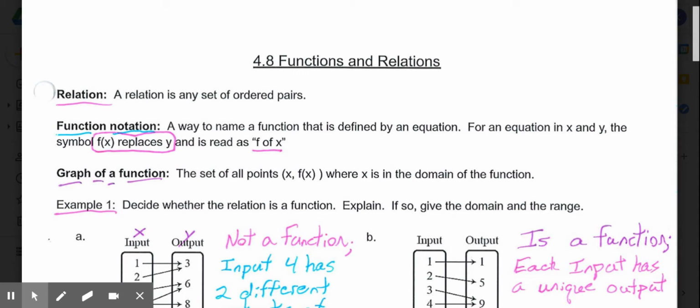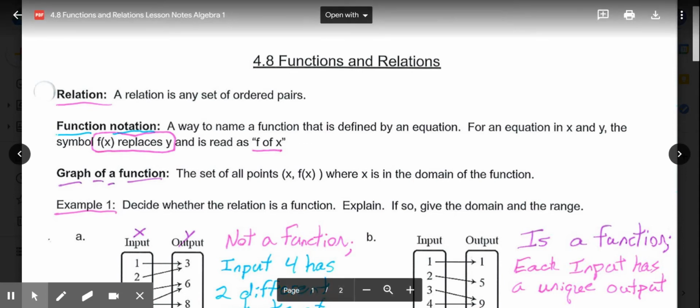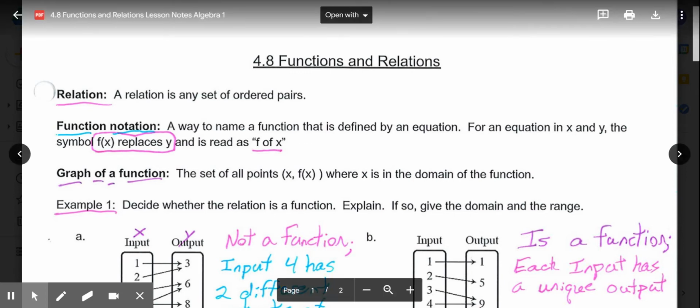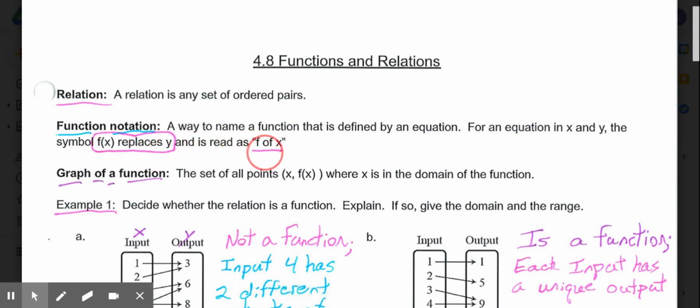Then we get into the idea of function notation. So function notation is a way to name a function that is defined by an equation. For an equation in x and y, the symbol f parentheses x replaces y, and it's read f of x.